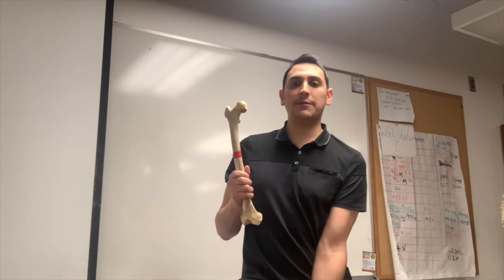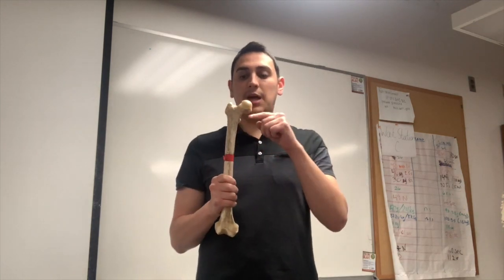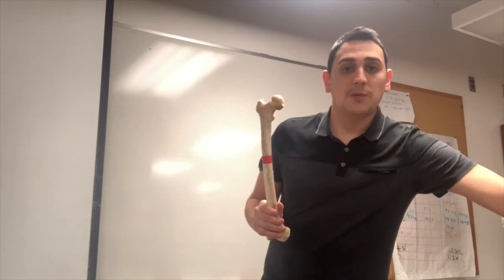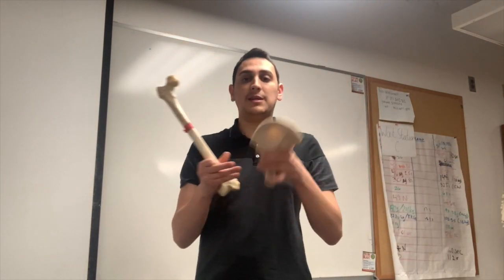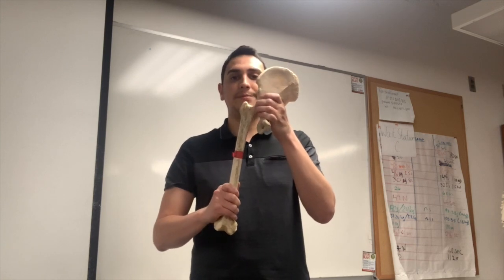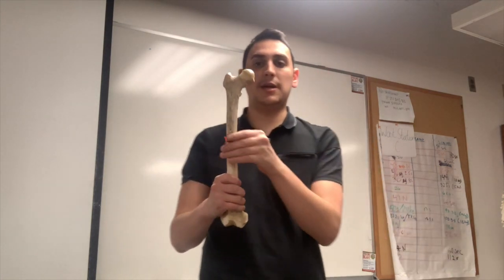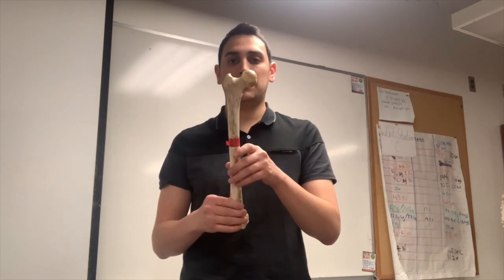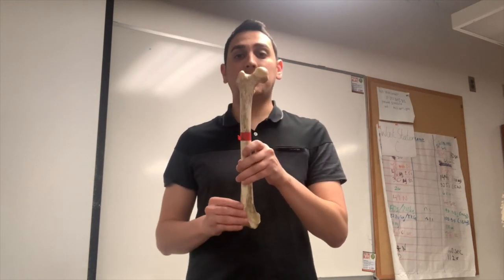So the medial lateral reference that I like to use is the head of the femur. So again, using the same logic as before, in order for the head of the femur to articulate with the laterally facing acetabulum, the head has to face medially. So is this a left or a right femur? Perfect. This is a right femur.